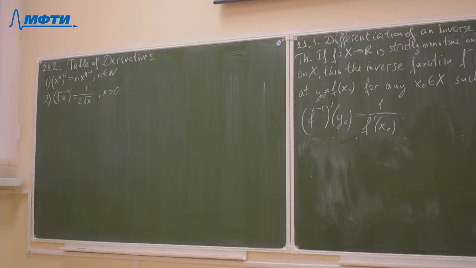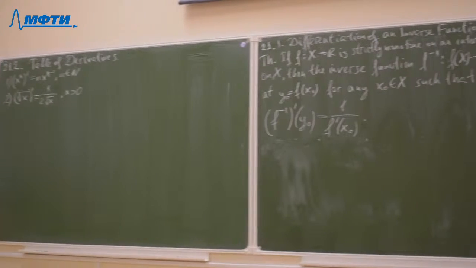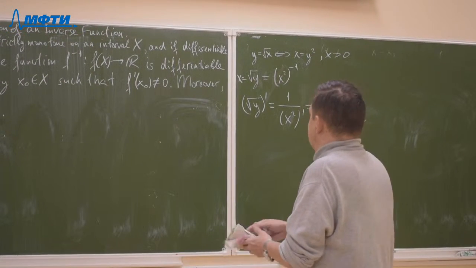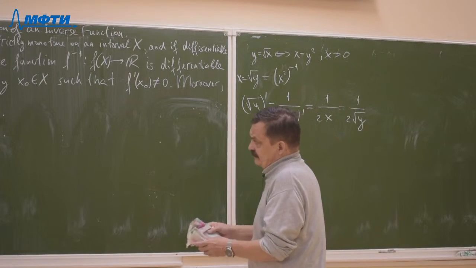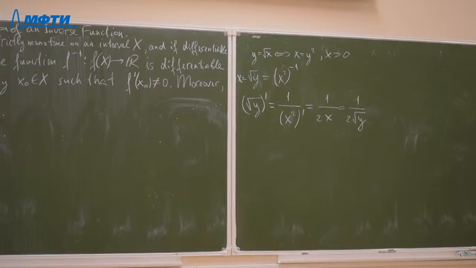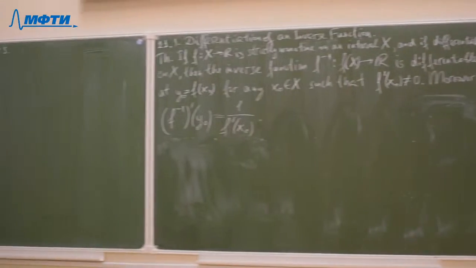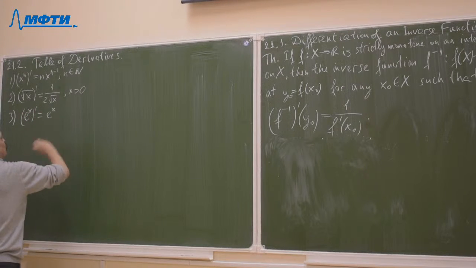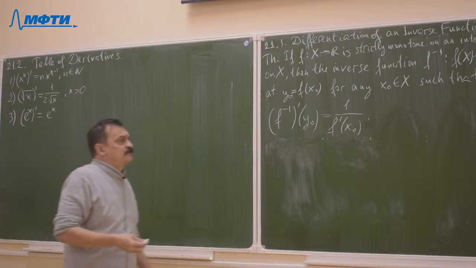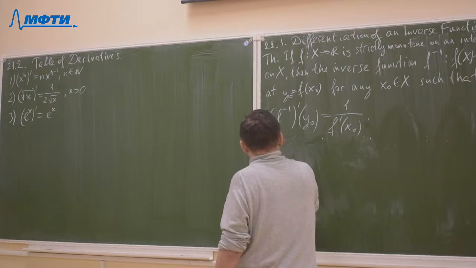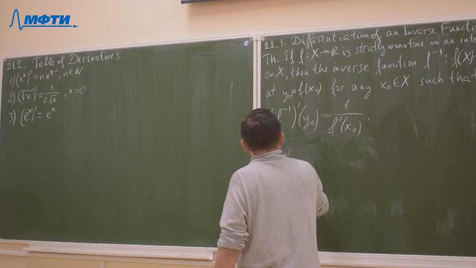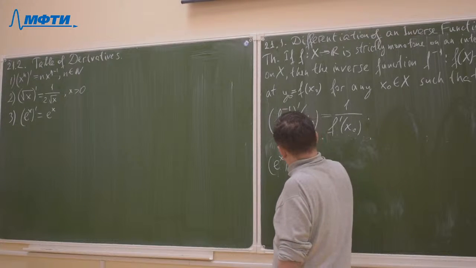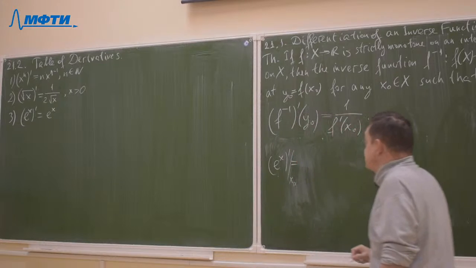Okay, next line is about exponential functions. So let us consider e to the power x. Let me write it here. (e to the power x) prime equals e to the power x. Here, no restrictions, arbitrary x. Let us compute it at a point x naught.